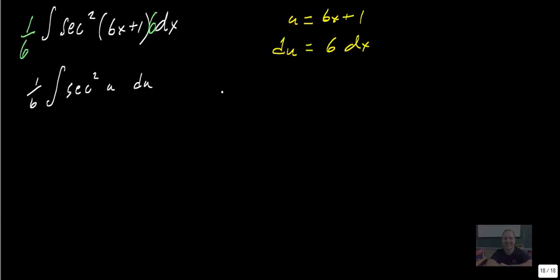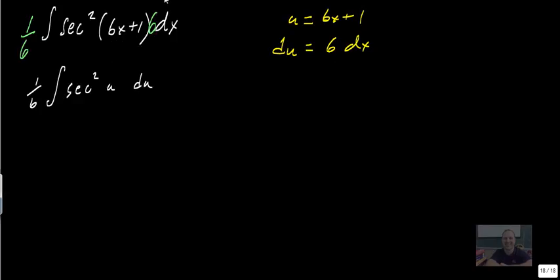It still looks gross to me. Well, really, you only have one function to take the antiderivative of, right? Just one. That's the whole point. Whether it's secant squared or tan or cos or 2x squared plus 1 or whatever it is, you can take the antiderivative of one single kind of function. When you have two kinds of functions, that's when it gets a bit messy. So that's why we're doing U substitution.